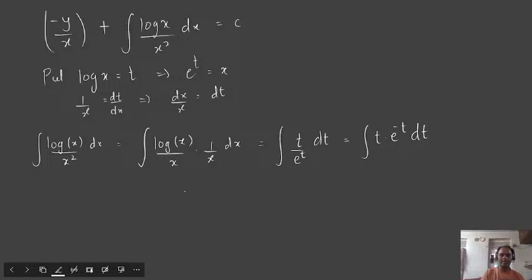So when you integrate this, it is t e raised to minus t over minus 1. Then there is the derivative of t which is 1, e raised to minus t over 1. So your answer is minus t e raised to minus t and minus e raised to minus t. This is the answer for log x over x square. So now you resubstitute t.